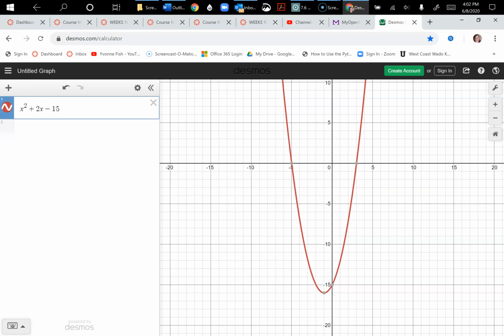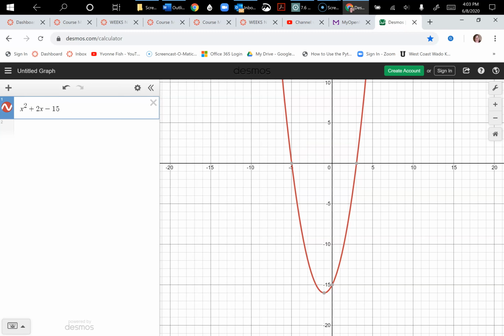So here is a graph of a quadratic function or equation where we have x squared plus 2x minus 15, as you can see on the screen. And this is the graph of that. I could graph this by just plotting some values. I could plug in a negative 5, I would get 0.